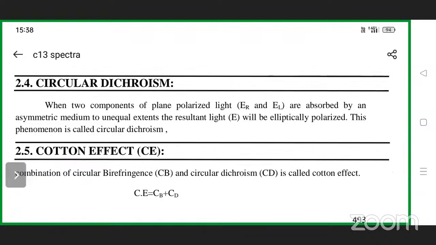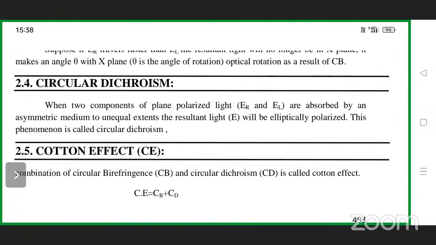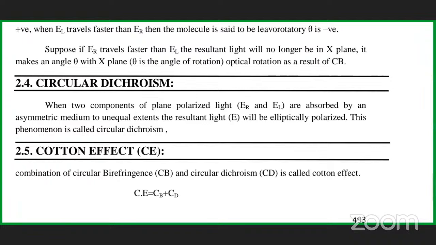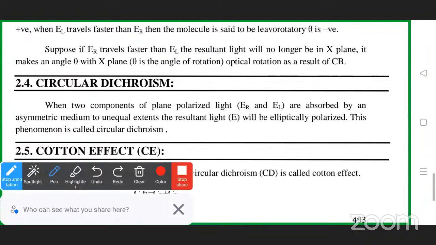When the two components of plane polarized light are absorbed, one will have more ability to rotate the plane polarized light and the other will have less. Here ER is not equal to EL, or EL is not equal to ER.